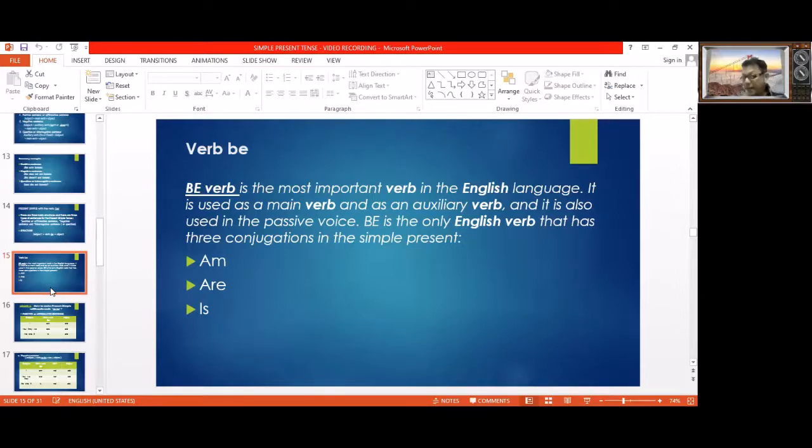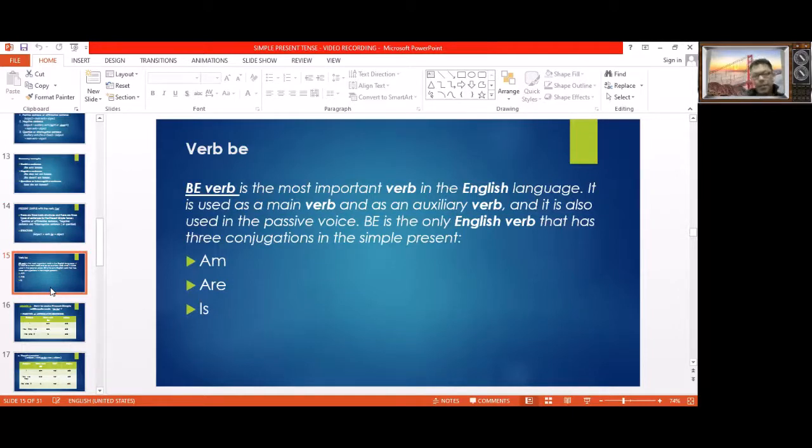In the present simple tense, we only have three of these: am, are and is. Again, there are only three.